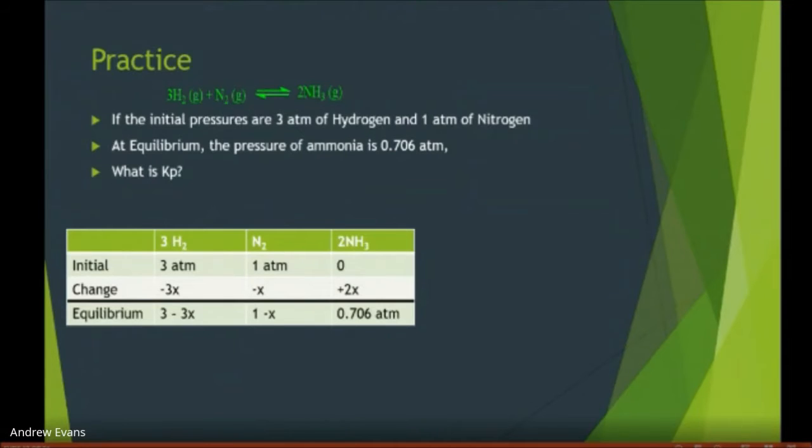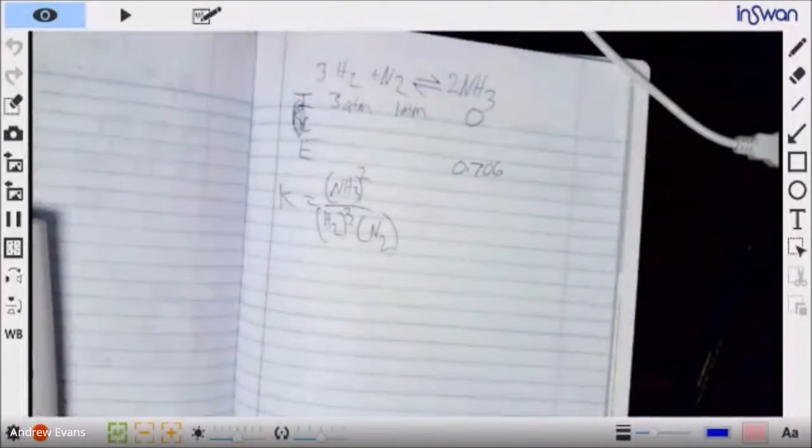Say the initial pressure is 3 atmospheres of hydrogen and 1 atmosphere of nitrogen before we mix any ammonia, and at equilibrium, the pressure of ammonia is 0.706. What is our K? K is going to be ammonia squared over hydrogen cubed times nitrogen. What is K sub P? I've set that up, so this is what you would be given from the get-go.